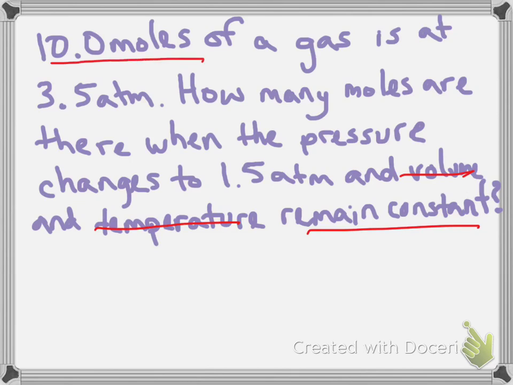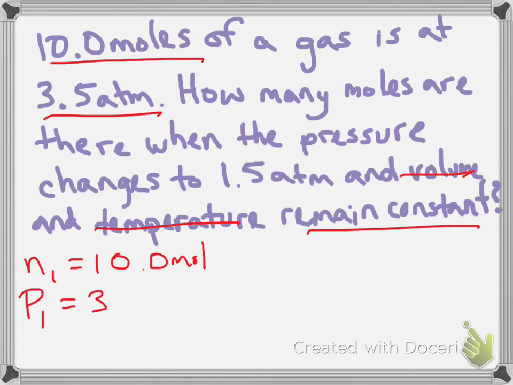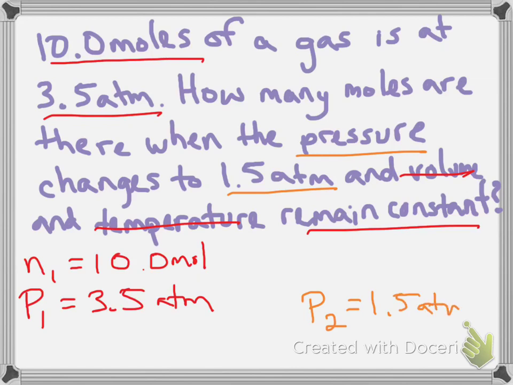We have 10 moles, so that's our amount. So I'm going to call that N1. Amount 1 is 10 moles. And its pressure, P1, is 3.5 atm. Then we have the pressure changes to now, so we know P2 is equal to 1.5 atm, and it says how many moles. That's what we're looking for, and N2 is our question mark.